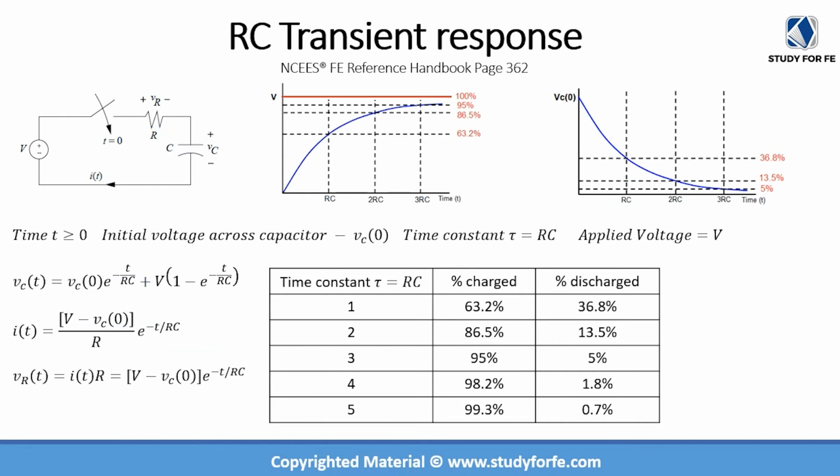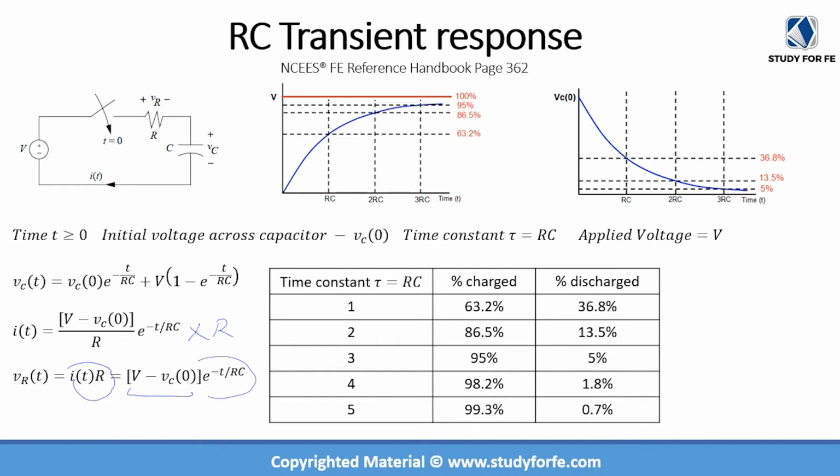And then finally, we have the voltage across the resistor, which is simply the current that is passing through the circuit times the resistor. So you simply multiply the previous equation with R, and you're left with V minus VC naught times e raised to power minus t divided by RC.